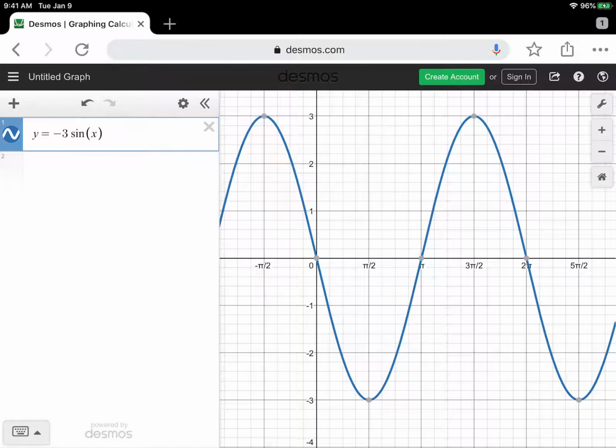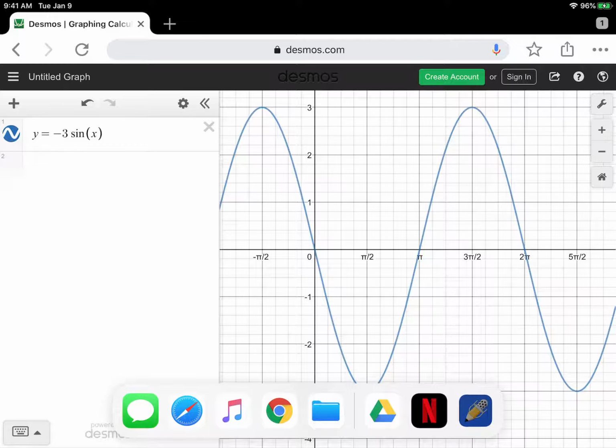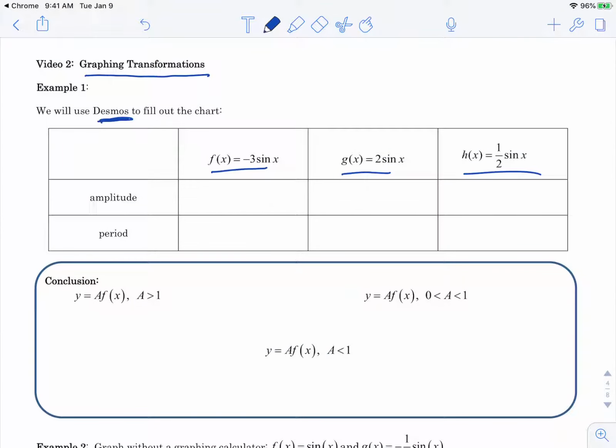We went down, hit the x-axis, went up, hit it again, and we start repeating, what do you know, at 2 pi. So my amplitude was 3, because remember, sure, I see a negative there, but amplitude is always positive, and my period is 2 pi, because that's where it started repeating.